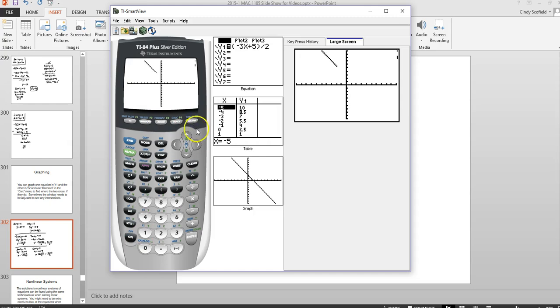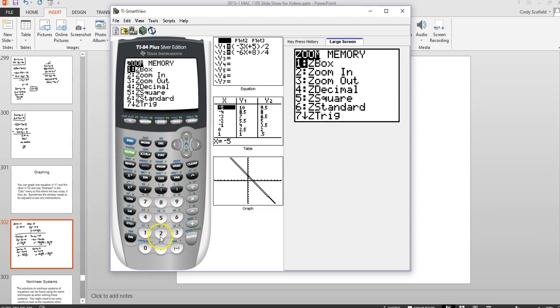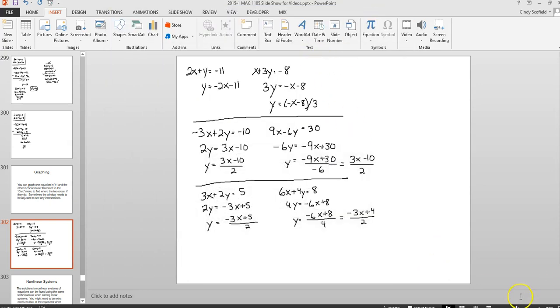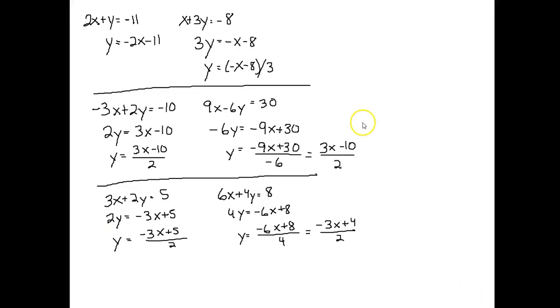And then hit graph. And you'll see them running parallel to each other. Kind of hard to see like this, but we can zoom in. But yeah, they're running parallel to each other. They will never touch. So there you go. That's the no solution situation. Little null set symbol.